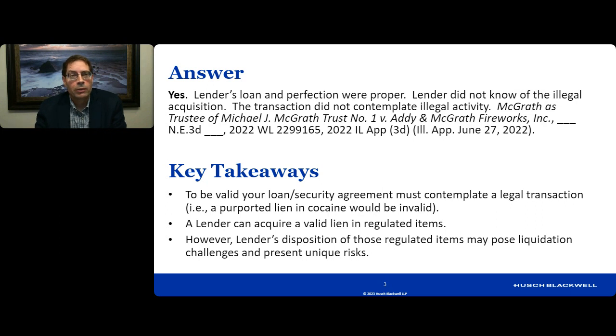But if it is a regulated substance, you can still get attachment in it. The problem that you will run into is when you get into the liquidation of the collateral, you're going to have some special problems that you're going to be dealing with. And I think substances are the prime example of this.